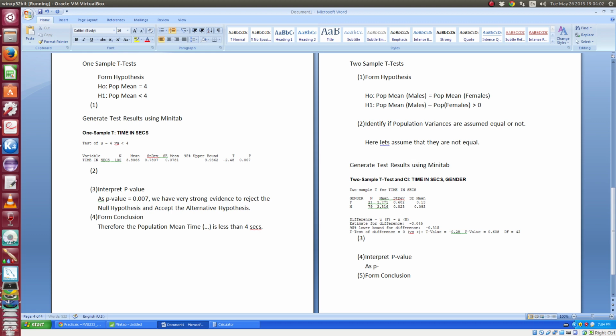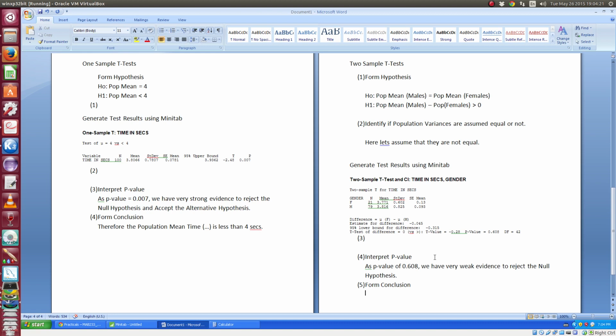In this case, as we've got a very large p-value, 0.608, we have very weak evidence to reject the null hypothesis.